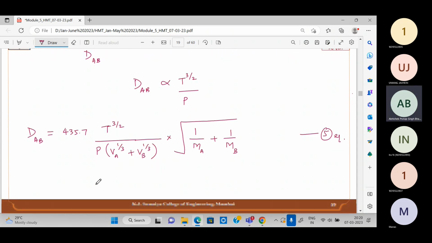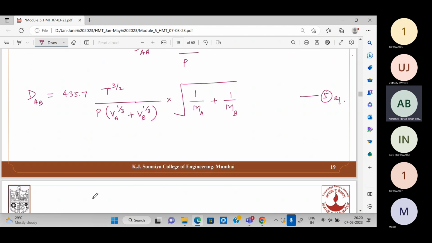Let's see the meaning of each and every symbol. DAB is the diffusion coefficient, and the unit is centimeter square per second.